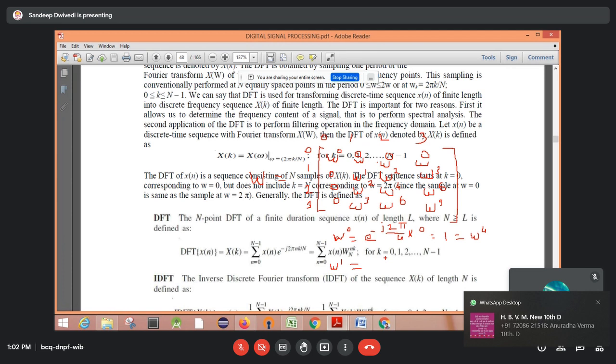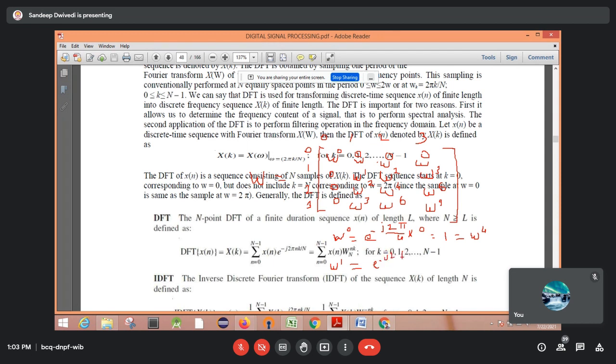Here also w raised to power 1 you are calculating, and that you can write as e raised to power minus j 2 pi divided by 4 into the value of kn, which is 1. So this will be cancelled, this will be 2, and into 1 means the same thing.